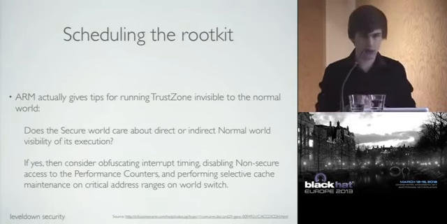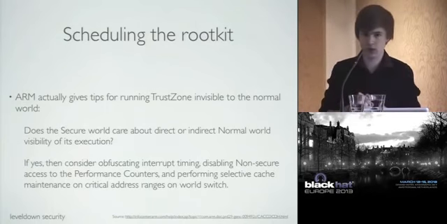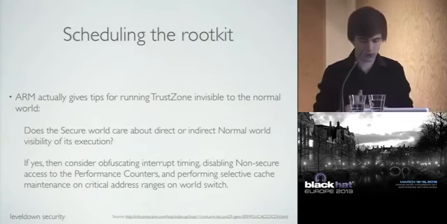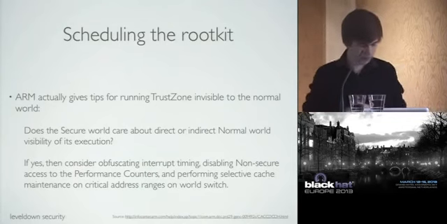They also suggest that you cut the access to the performance counters. There are small, very high-speed counters on the CPU, which you can use to measure the time several things take. For instance, if you build real-time systems, that's quite interesting.